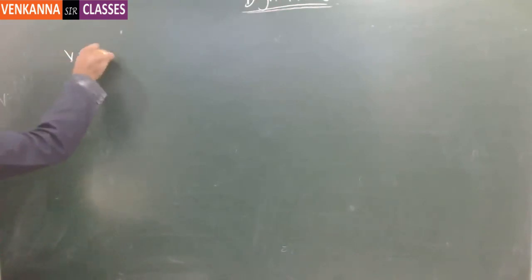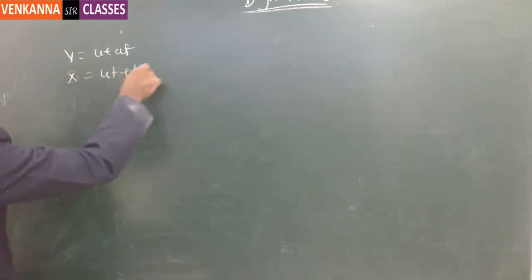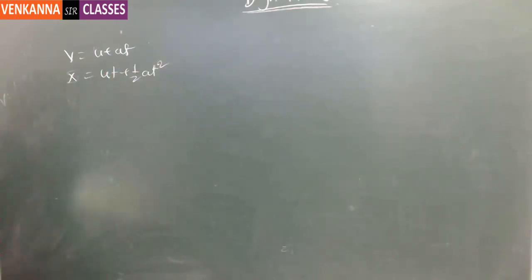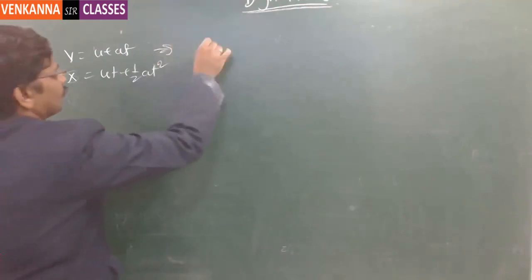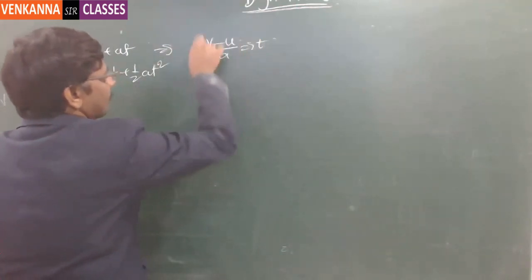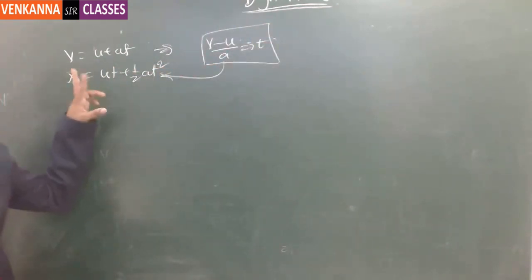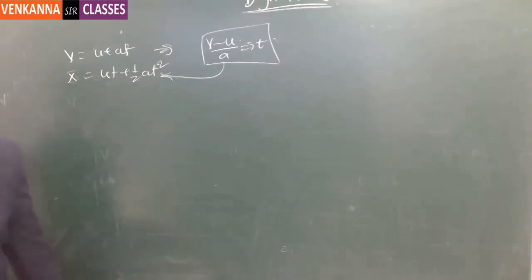So v is equal to u plus at, and s, or x, is equal to ut plus half at square. Now from this relation, I can write (v minus u) by a equal to t. I will replace this in the other equation so that I can get a relation between x and v directly.